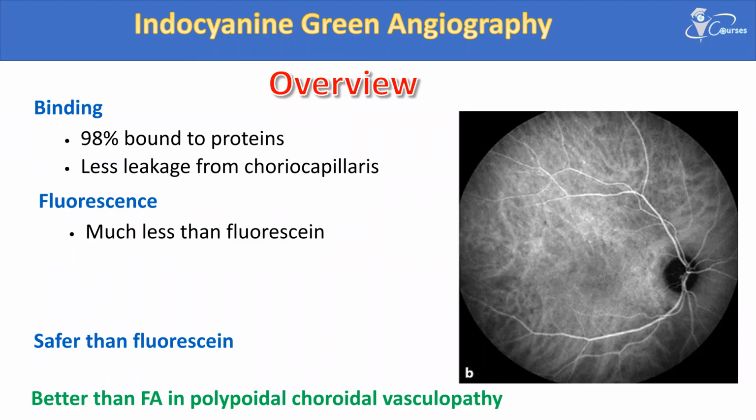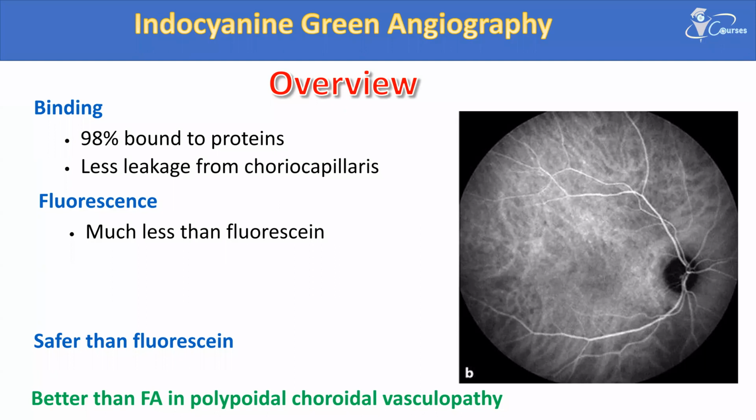For those who are attending Dr. Amin's investigations course, he would tell you that fluorescein angiography is every now and then becoming an obsolete way of investigating the retina. It is hazardous.